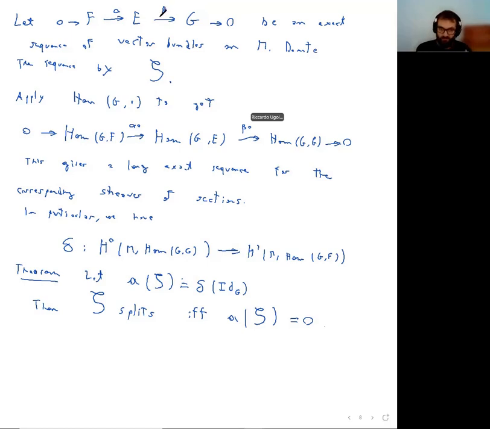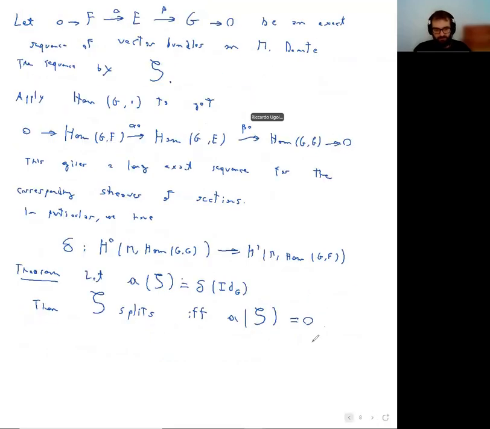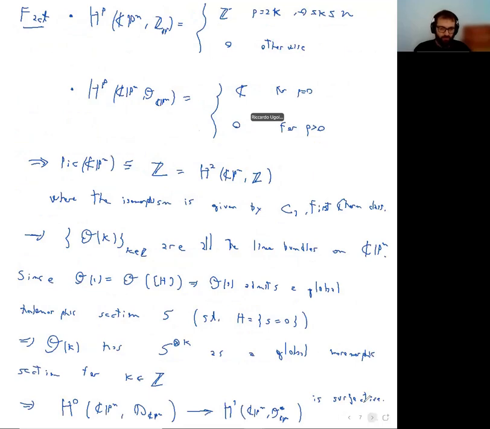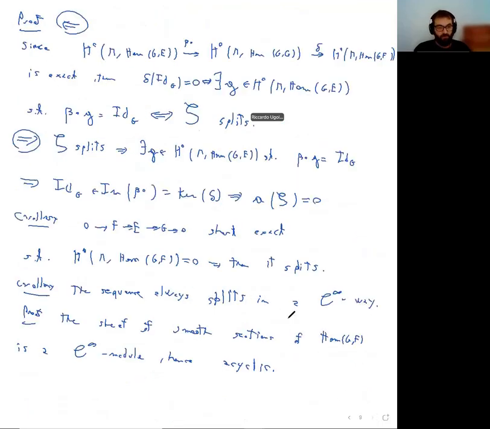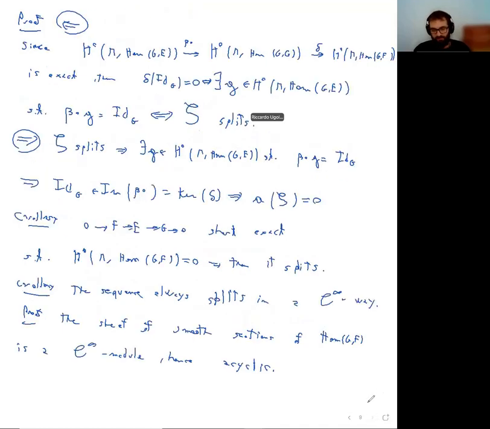It always splits smoothly, but maybe not holomorphically. Okay, which of course makes the theory of bundles and cohomology sheaves much more interesting when you're looking at holomorphic stuff. So you have a bit more rigidity. So this concludes today's lecture and the theory for the course.